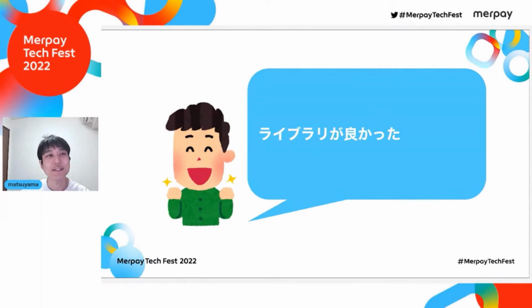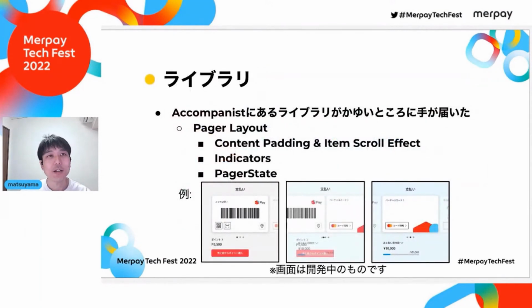In the renewal of UI for Merpay type, this kind of a carousel type UI was adopted, and this requirement was almost feasible with the pager layout in Accompanist. Snapping in the middle was also possible by default.